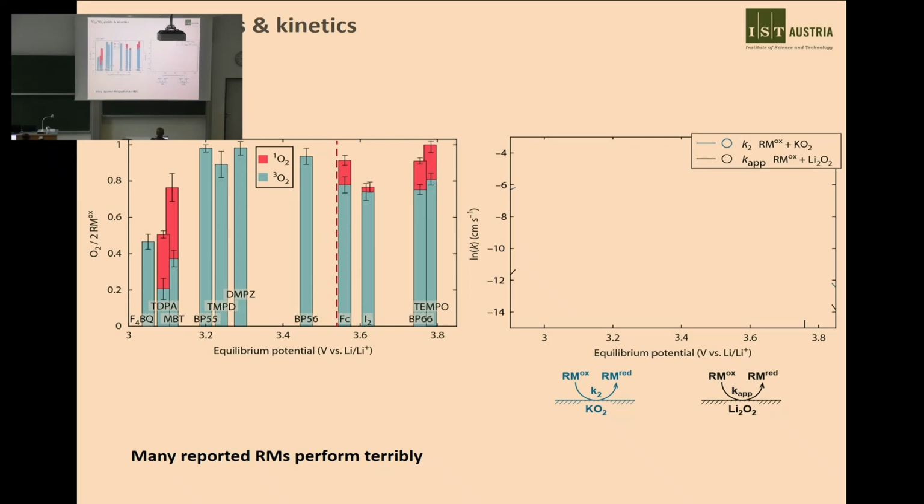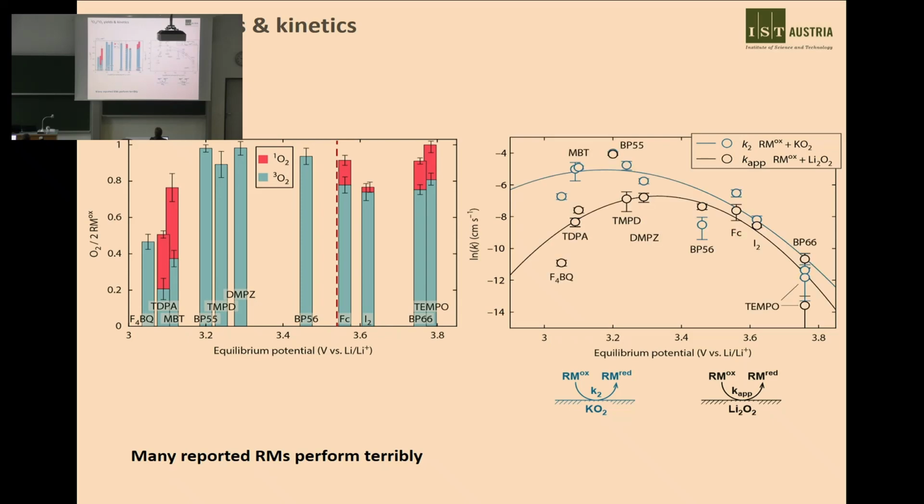The first would be the apparent kinetics between the oxidized mediator exchanging charge with the solid surface. A second one, once we have a superoxide surface, is a second electron transfer to evolve oxygen. And a third one would be disproportionation kinetics. These are the kinetics we measured for those processes.